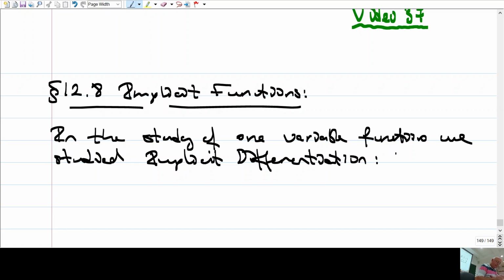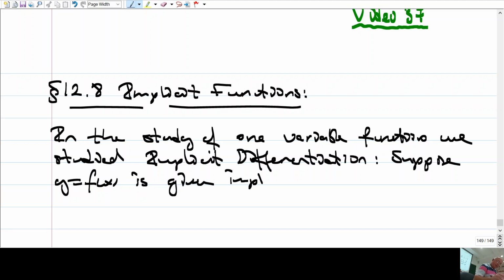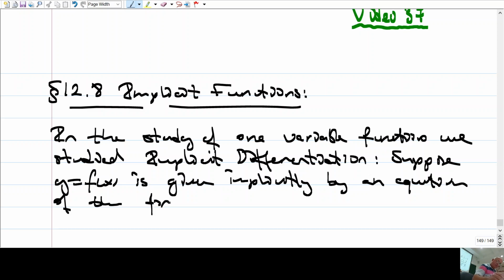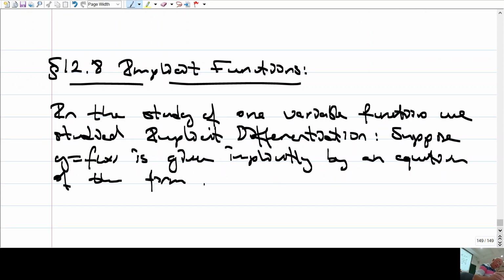Suppose y equals f of x is given implicitly by an equation of the form f of x, y equals 0.